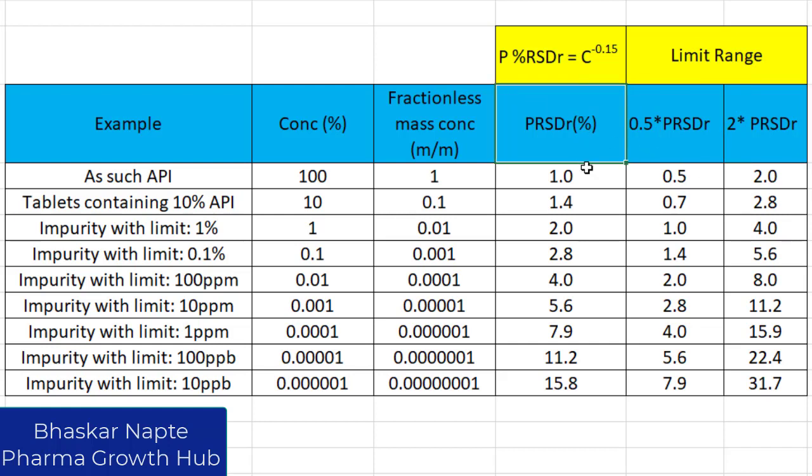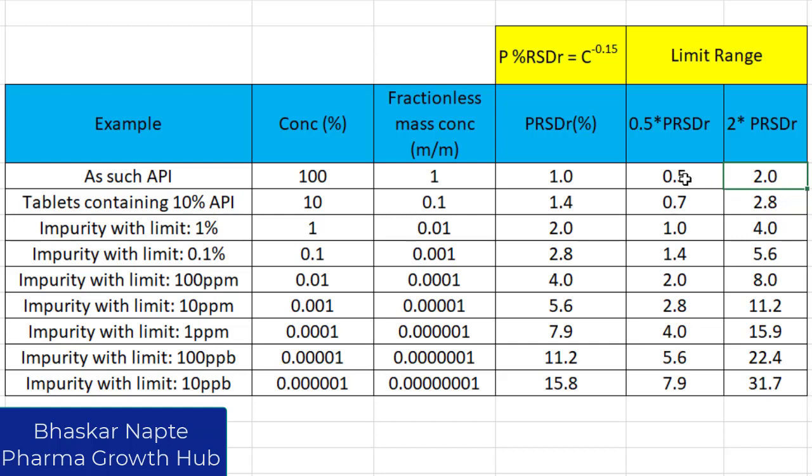Now whatever you see here in the selected text is the ideal value for the RSD. But it can be 0.5 times the ideal value, or it can be 2 times the ideal value. So the 0.5 times will become 0.5% because my ideal value of RSD is 1%. However, the 2 times of the predicted RSD value will become 2%.